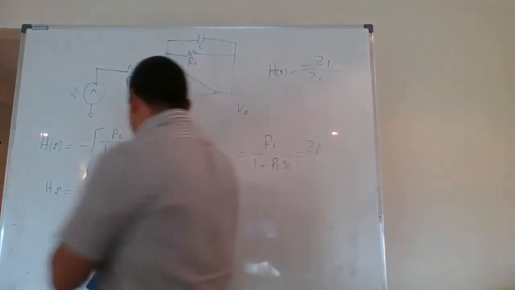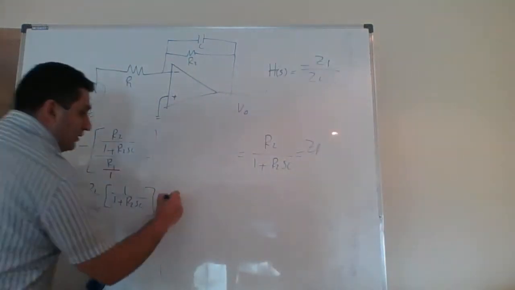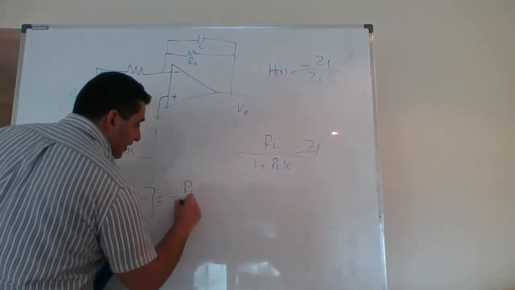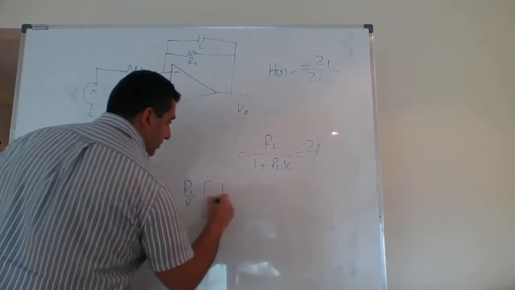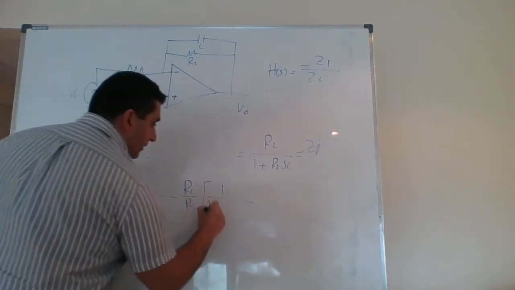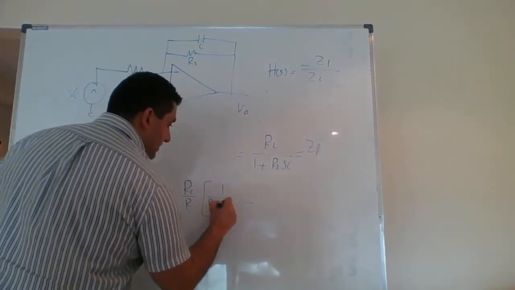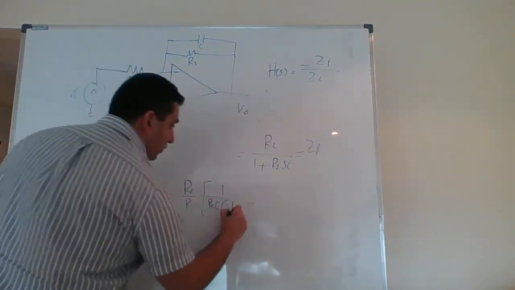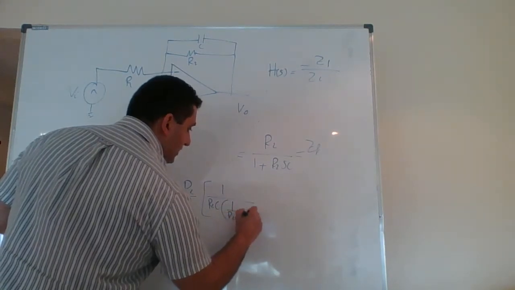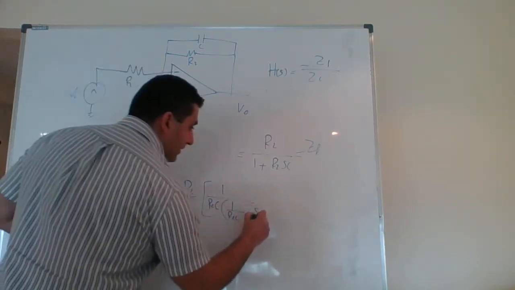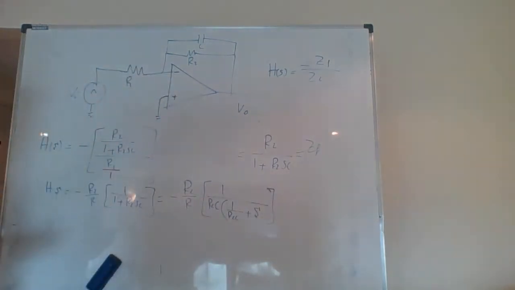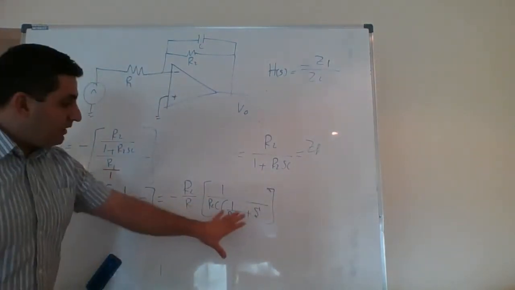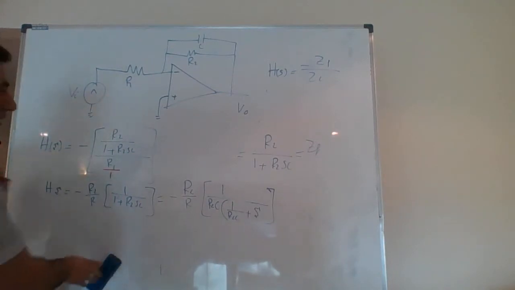So I can say it's equal to minus R2 over R1 multiplied by 1 over, taking R2C outside, R2C times 1 over R2C plus S. Is that all clear? How did this transition happen?